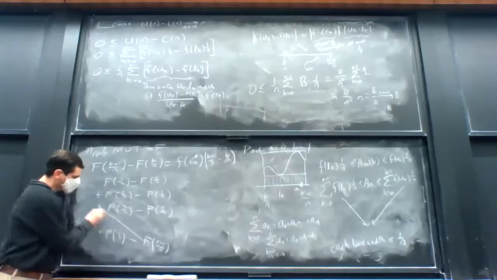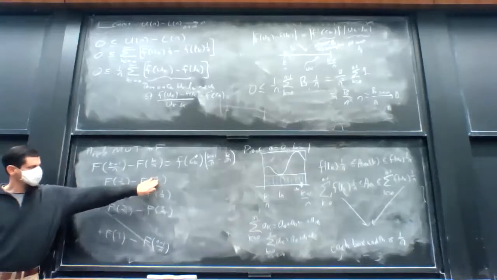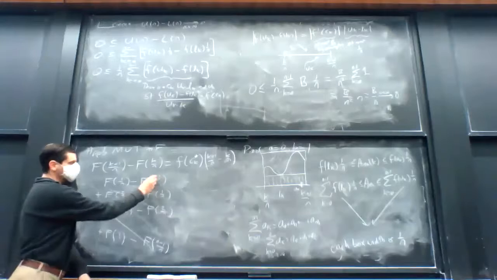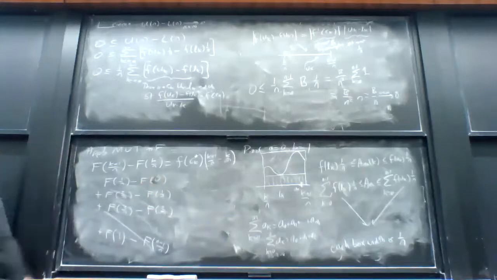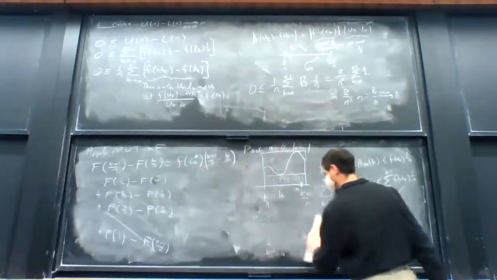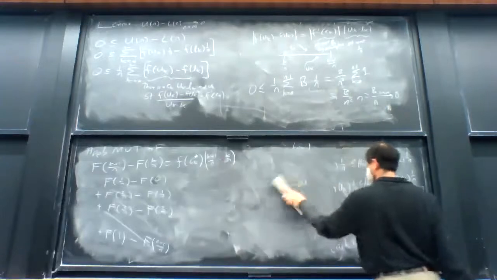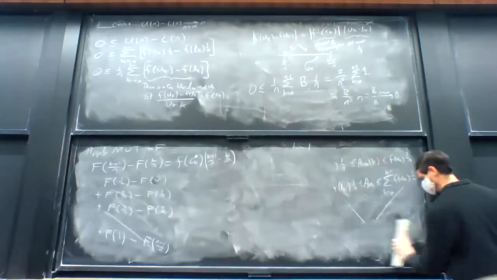These cancel, and you're left with just big F of 1, and right there is just big F of 0. So if I sum this over n, it's just going to be big F of 1 minus big F of 0. So the mean value theorem is being extremely valuable for us.